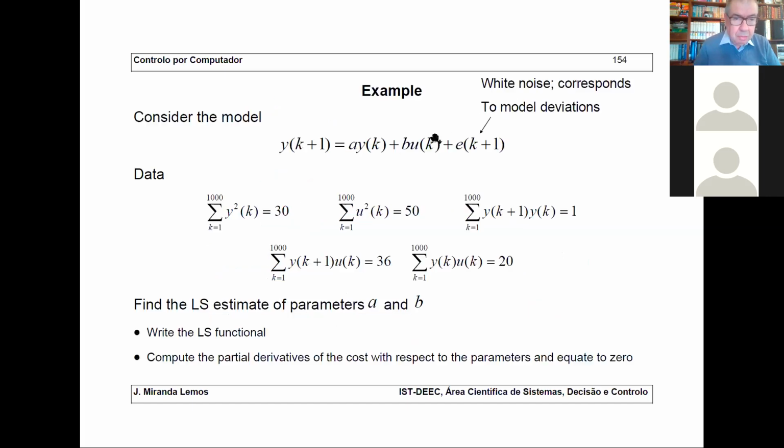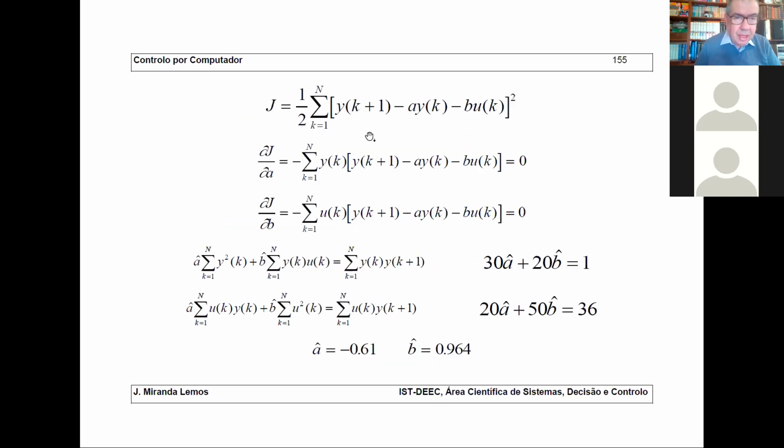Remember the model. The model, if you forget about e, which is this small random number that measures deviations of the model, then y of k plus 1 minus ayk minus buk should be close to 0. So the least squares functional is this quantity.